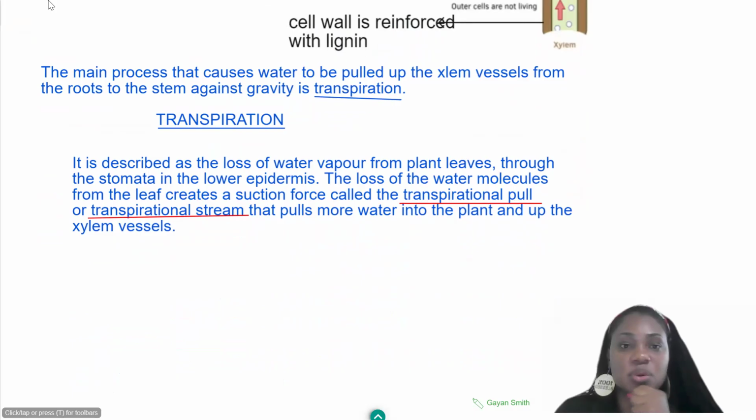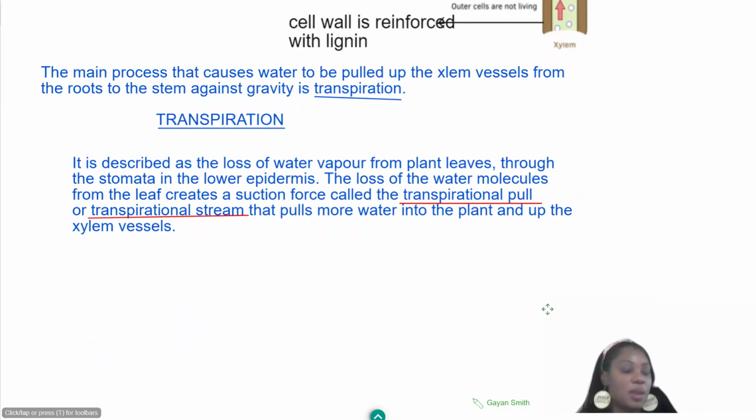And then we're going to explore the transpirational stream in greater detail.